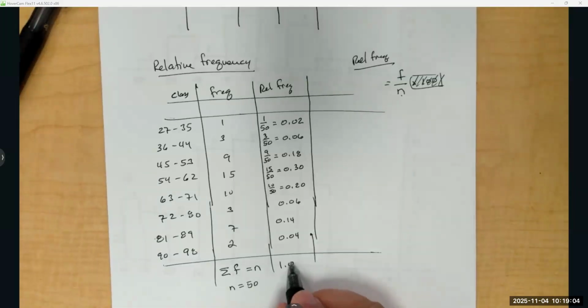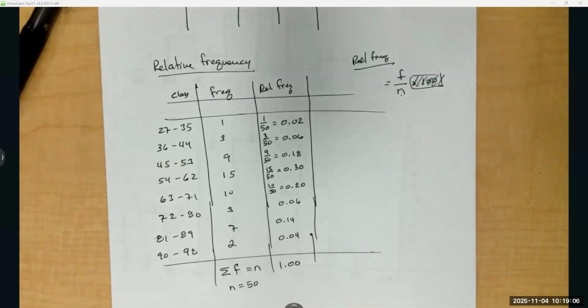It should equal 1.00. If it doesn't, then one of a couple of things can happen. One, this is important. Never round until you get to the final answer. If you do, that's going to give you a rounding error, which will make this no longer 1.00. It'll make it something else, either bigger or smaller.